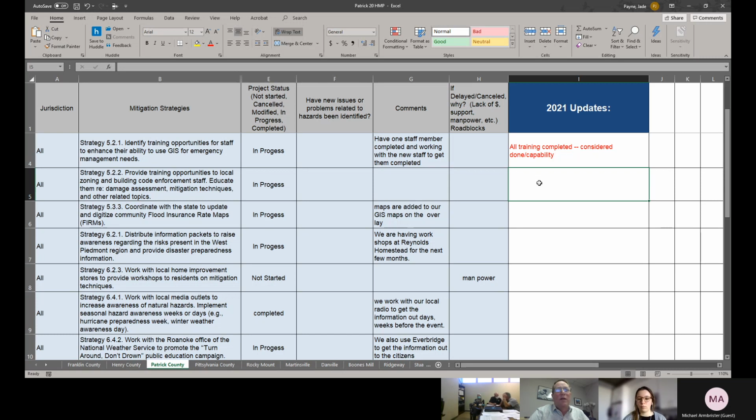But ones that don't make sense anymore, or if you know you're never going to get the money and never going to do it, we can clean them up in the table and explain why we're taking them out of the next 5 years. So that's the purpose of today, to get started on that, so that at the next meeting we can come back to you with a slightly updated list when we start to work on the new list.